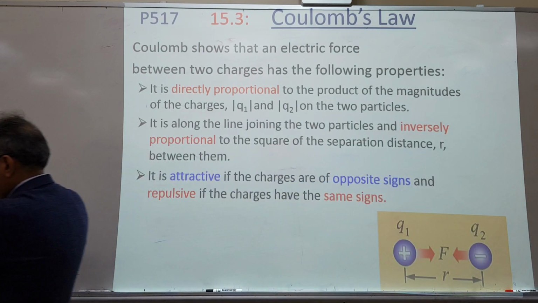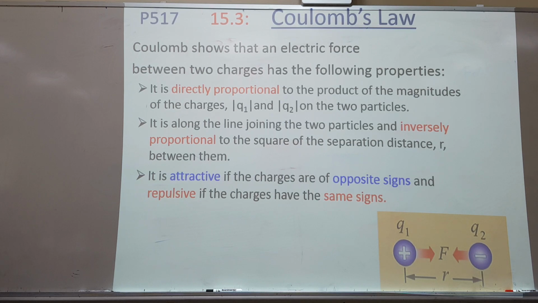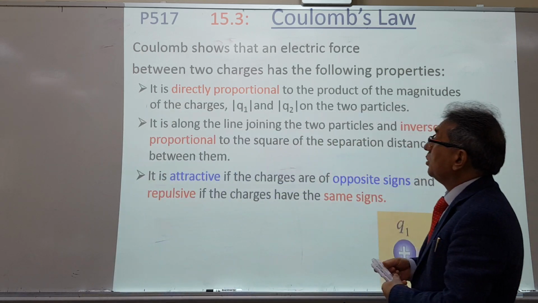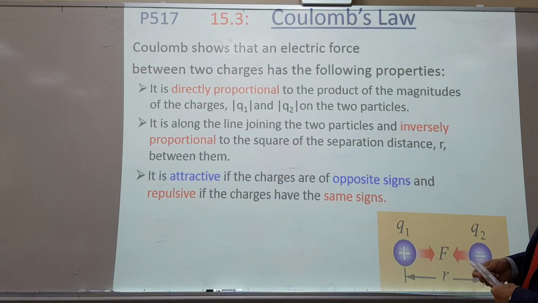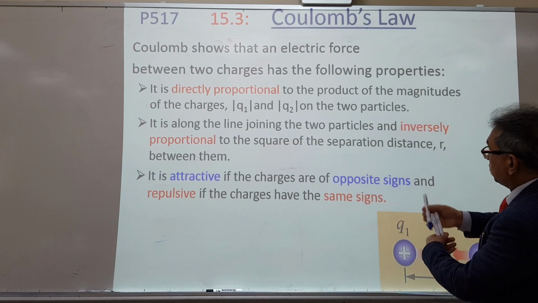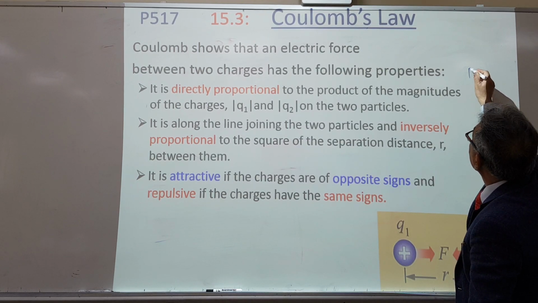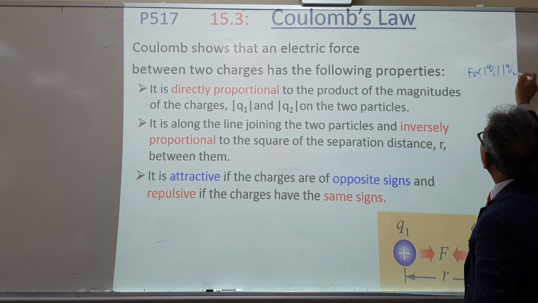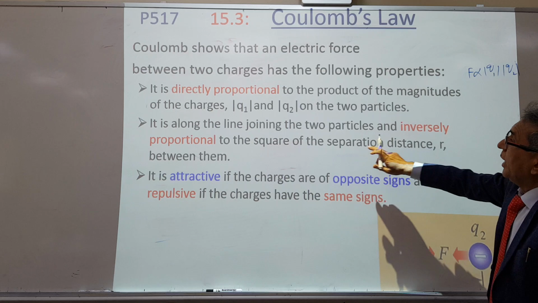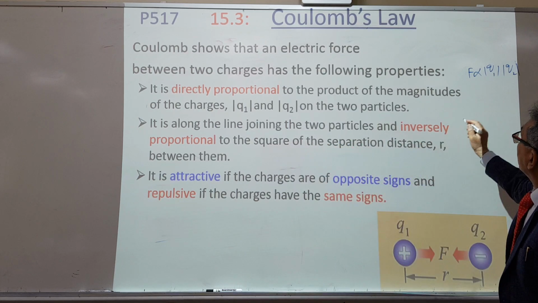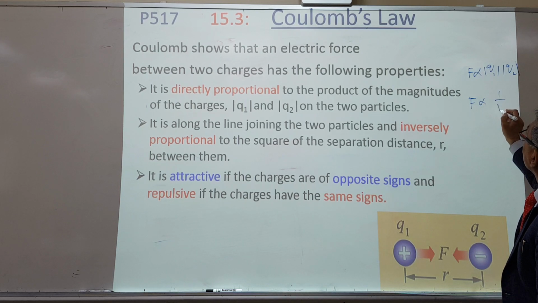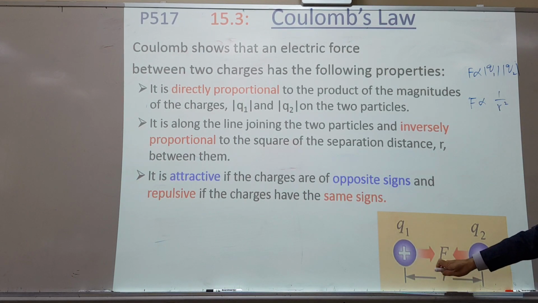Now, it states that the force of attraction between the two point charges is directly proportional to the product of the magnitudes of the charges Q1 and Q2 and inversely proportional to the square of the distance between their centers.